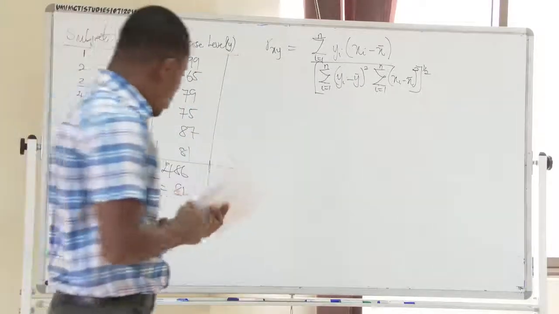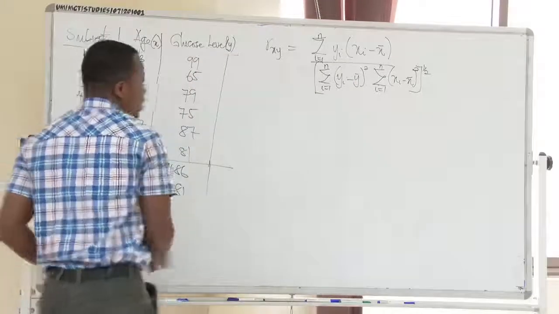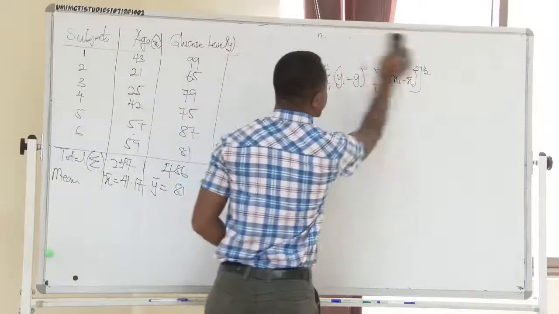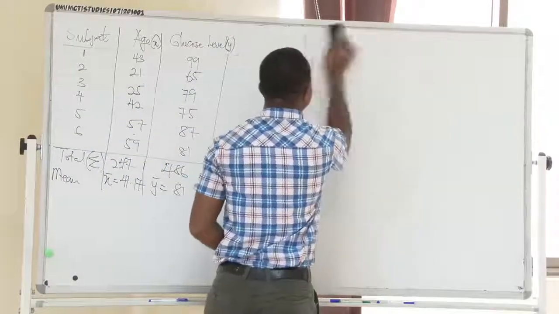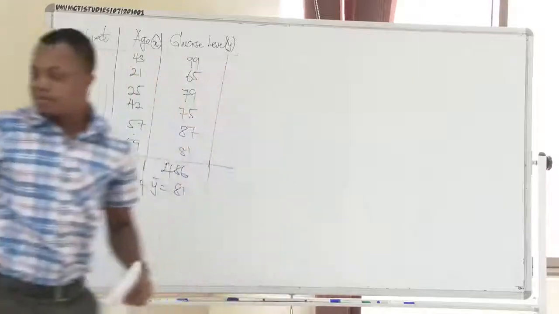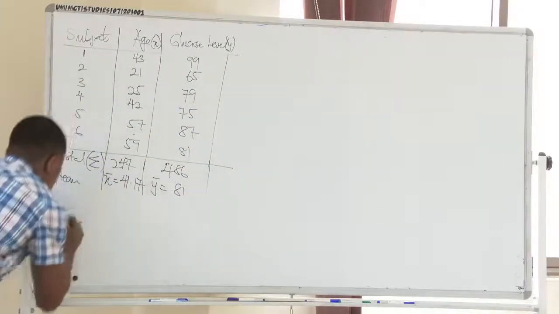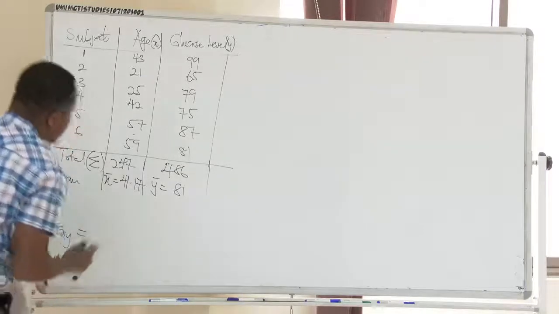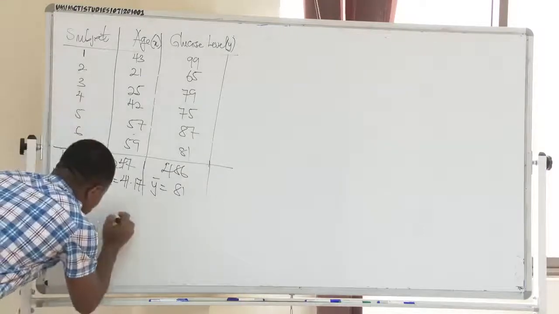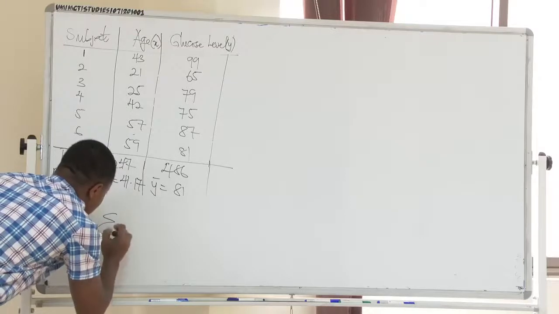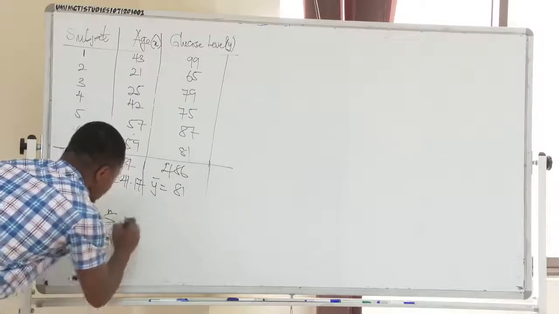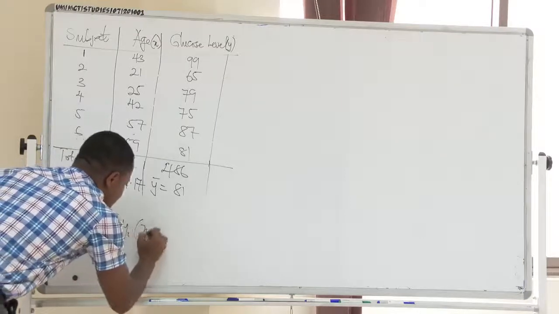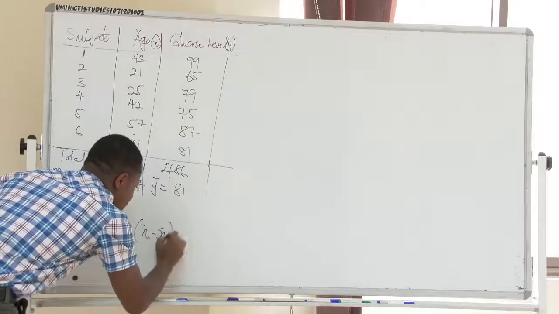And for me to do that, I will have to clear and give us some space here. Okay. So let me simply write it back here. So we have our r, that is our correlation between the variables x and y, being equal to the summation from i equal to 1 to n of yi minus y bar, times xi minus x bar.